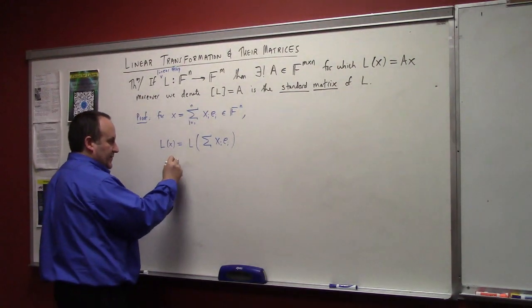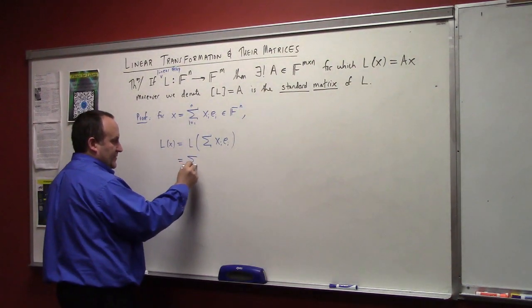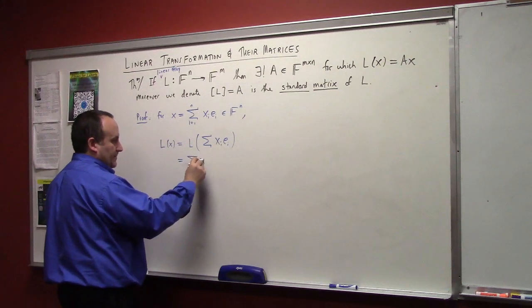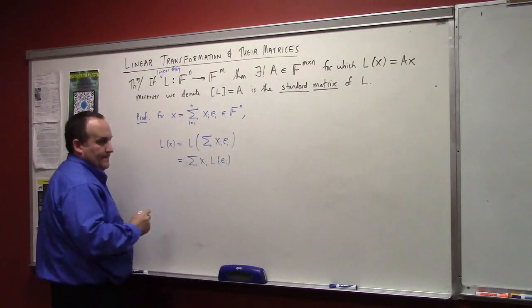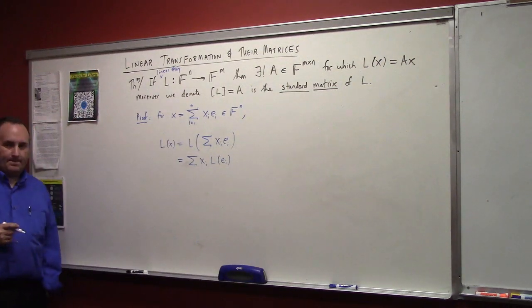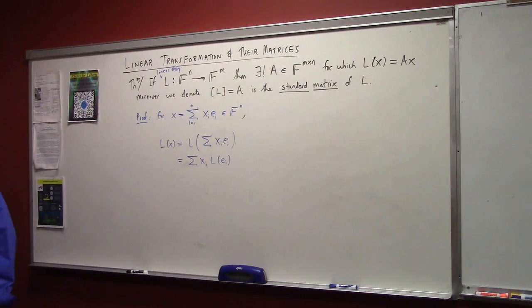But, of course, by linearity, we can pull out the sum, right? And that is exactly the matrix column product of a particular thing, right?